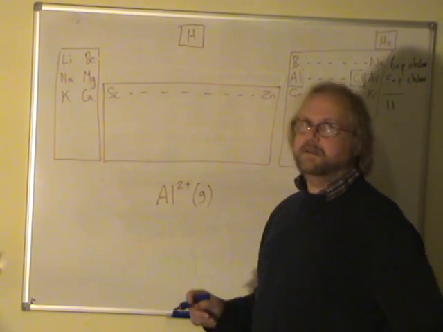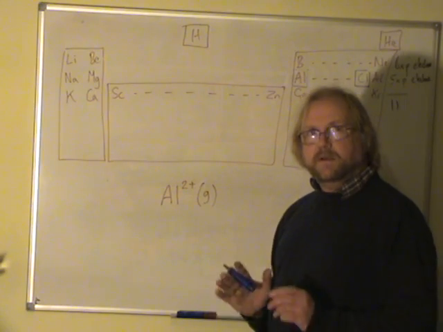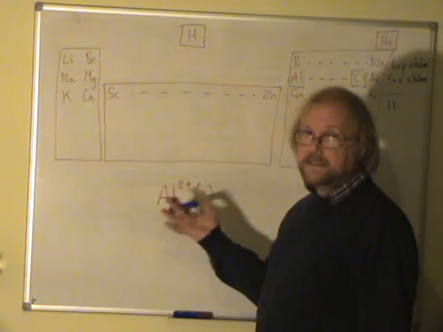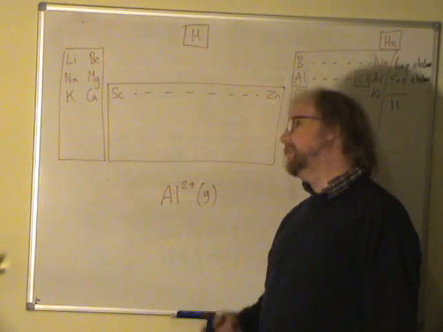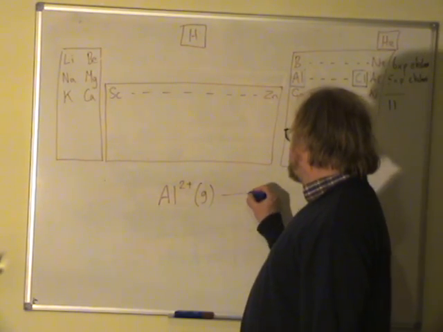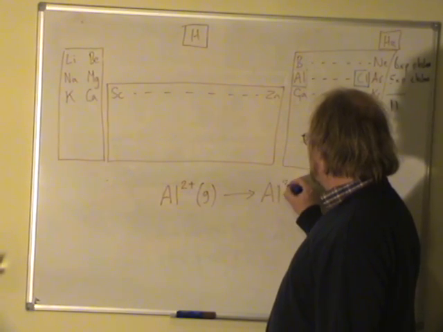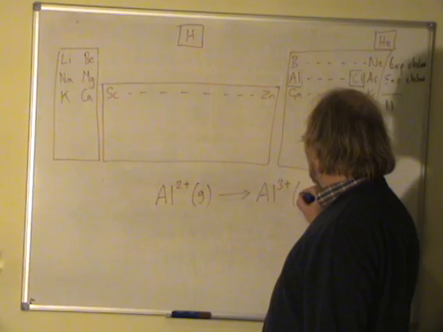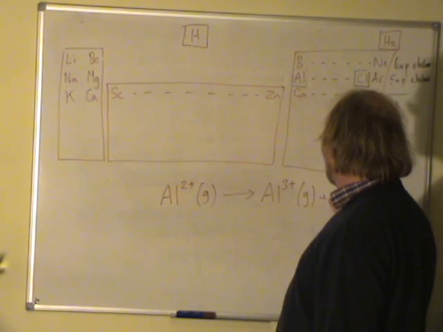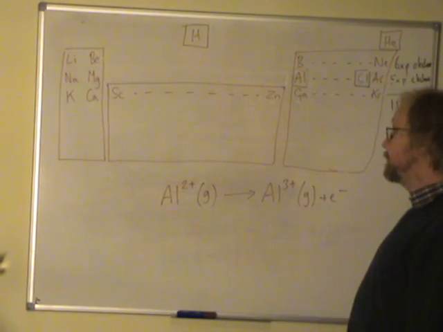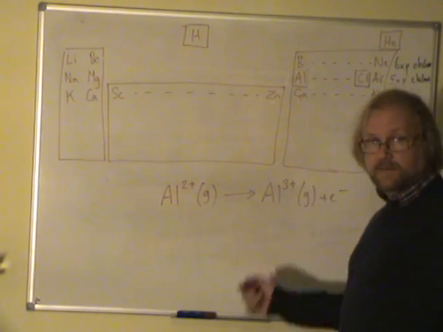Doesn't matter that aluminium metal isn't a gas, we're not ionizing it from the metal, we're ionizing it from gaseous 2 plus ions in this case. And the third ionization just corresponds to knocking another of its electrons out, so it will go to aluminium 3 plus, still in the gas phase, plus the electron which you write as e minus. And that's it. End of question.